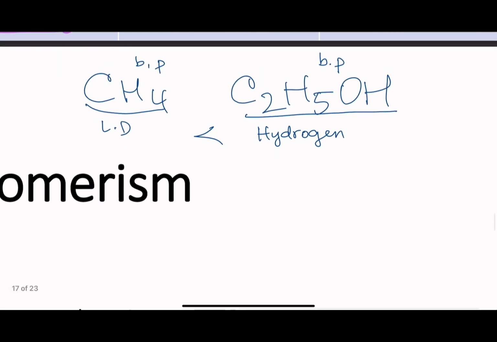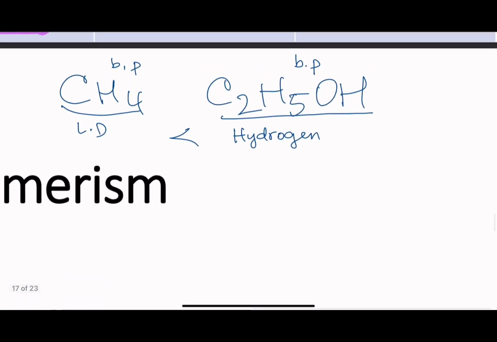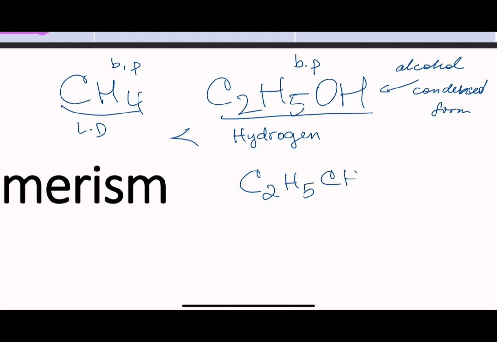Okay, so this is the alcohol condensed form. And aldehyde condensed form is like this: CH3CHO. This is aldehyde.